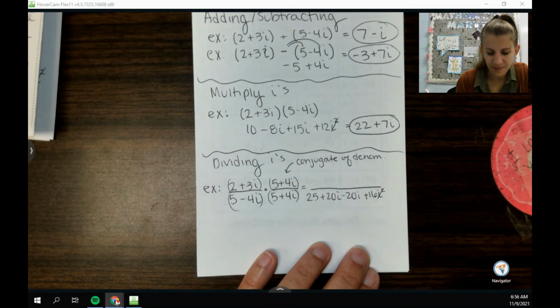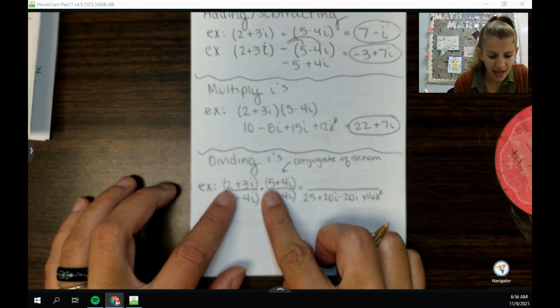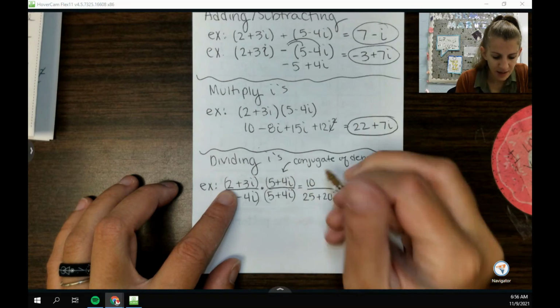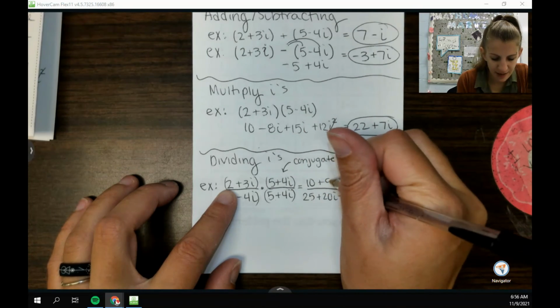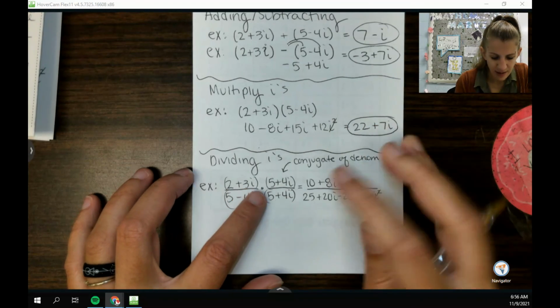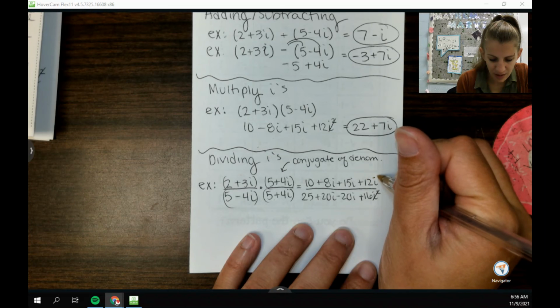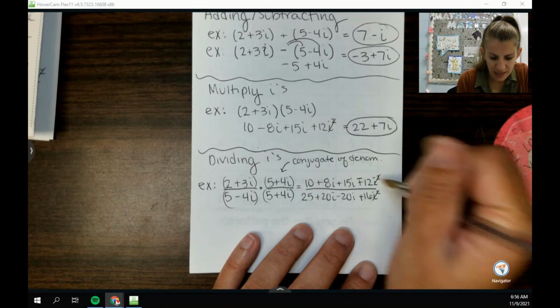Change the sign because we replaced. And then on the top, we'll have 10, and then 8i, and then 15i, and then 12i squared, which we will replace and change the sign.